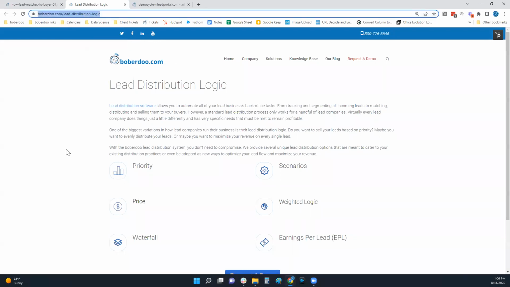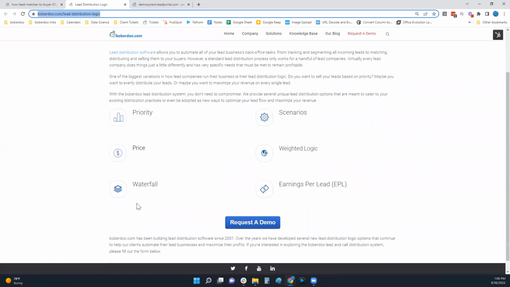If we go to boberdoo's lead distribution logic page, you'll see we have 6 that are built out as standards. We have some variations that we could always get into, and we can always customize logic if you have that use case. First we'll take a look at priority. This is really where distribution logic started.